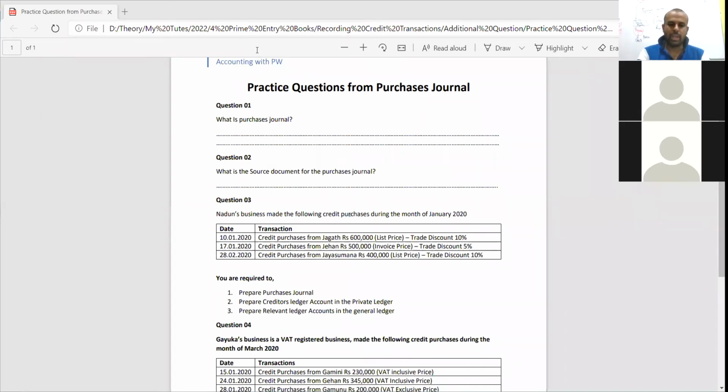Or accrued electricity bill, accrued water bill. Right. All these are what? Example for the other payables. Okay. I hope you can understand. Shamin, I am waiting for your questions, Sudha.